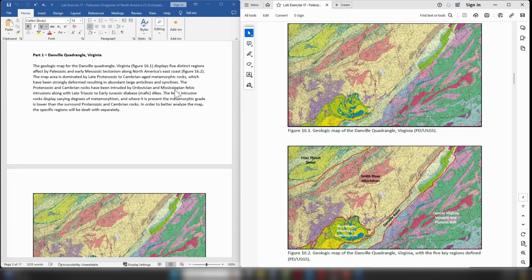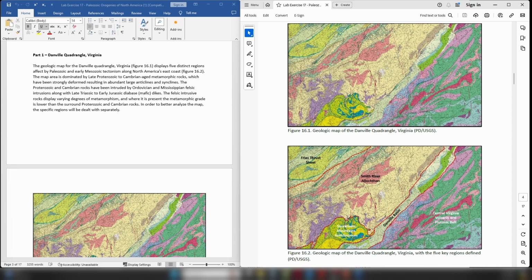So straight away, the presence of these felsic intrusions is another indicator that some kind of orogenic process has taken place. Because if you remember in the previous video, we were discussing how these intrusions of intermediate rocks and felsic rocks, so tonalites and granites, are typically formed by the melting of continental crust associated with either subduction or crustal thickening produced by a continent-continent collision.